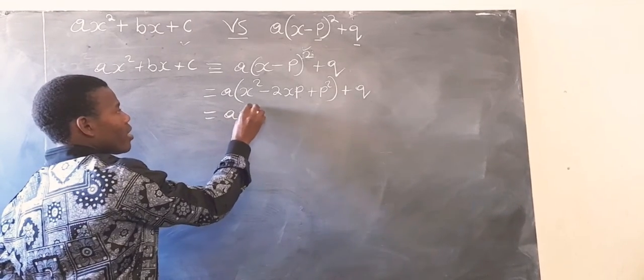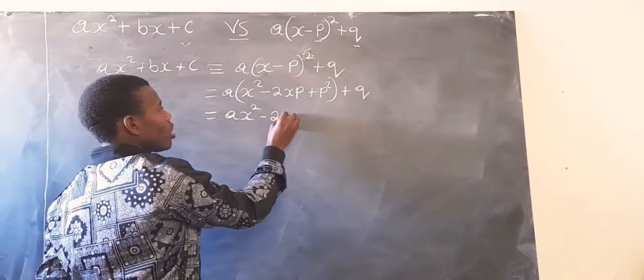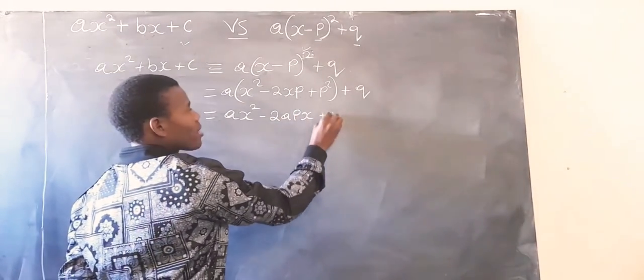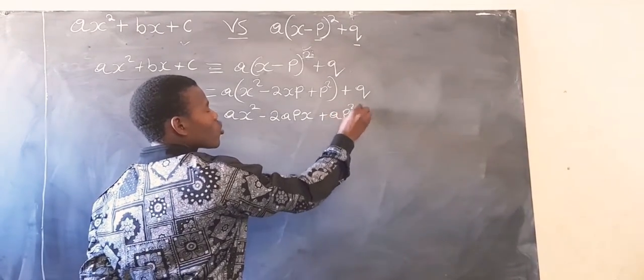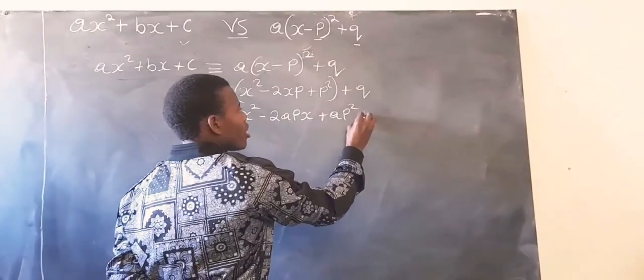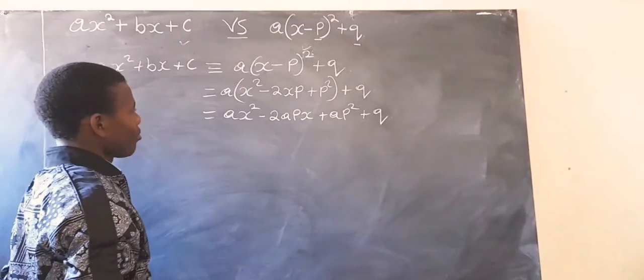We have ax squared, then minus 2ap times x, then plus ap squared. A times p squared is ap squared, then just plus q.